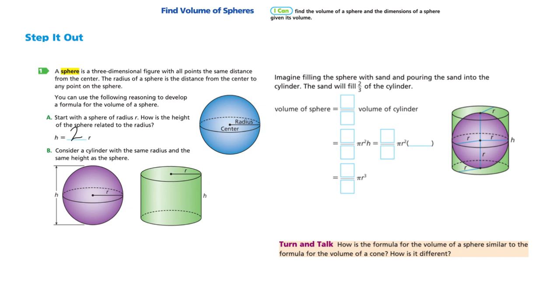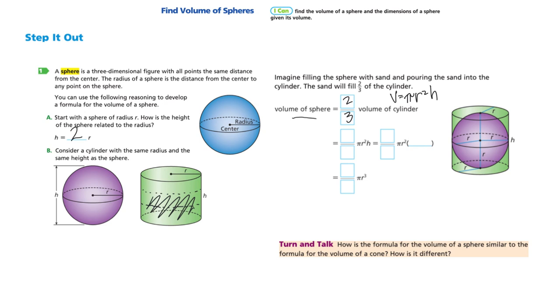So what they're saying is if you fill this sphere with sand and then pour that sand into this cylinder, let's see, here's about 1/3 and approximately 2/3. It'll fill up 2/3 of that cylinder. So they say the volume of the sphere equals 2/3 the volume of the cylinder. And remember, the volume of the cylinder equals pi times the radius squared times the height.